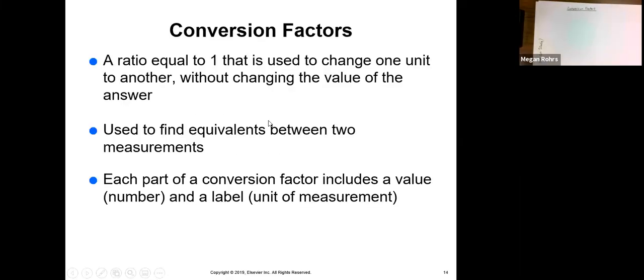All right, so I am going to be passing out a long table of conversion factors here. And what I mean by a conversion factor is just going to be units that are equivalent to each other that we know, okay? So they're going to be used to find equivalence between two measurements.